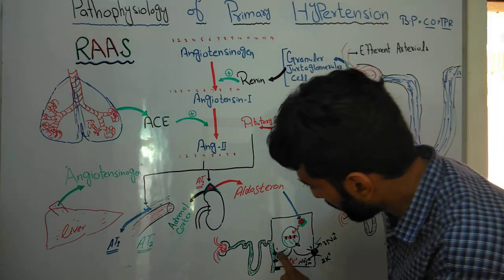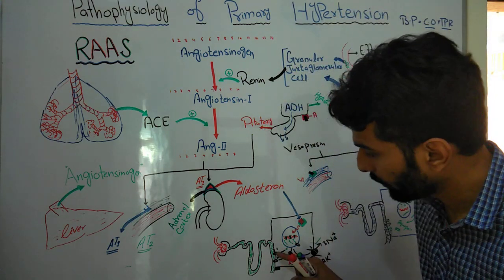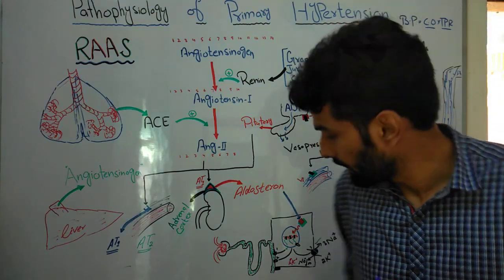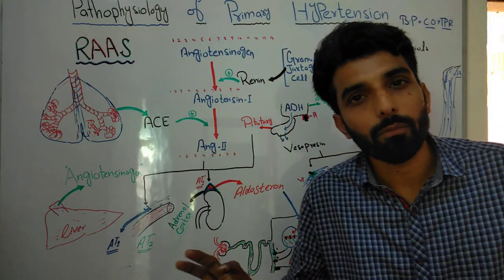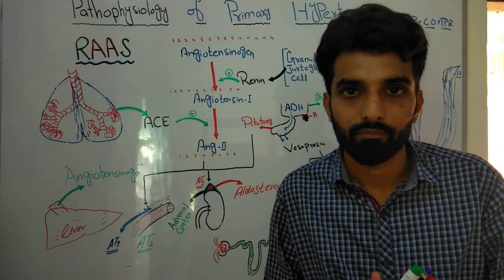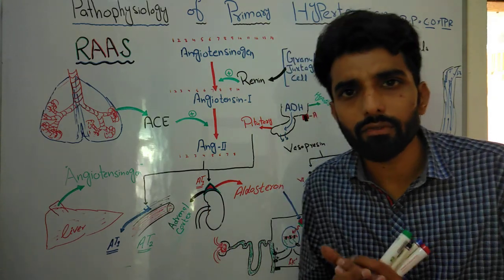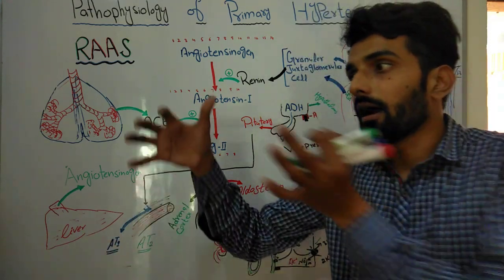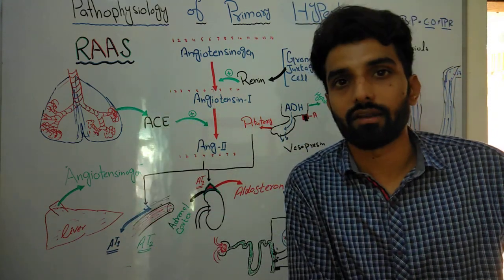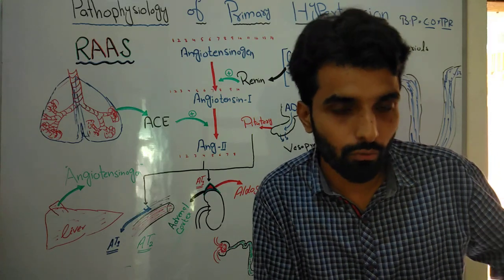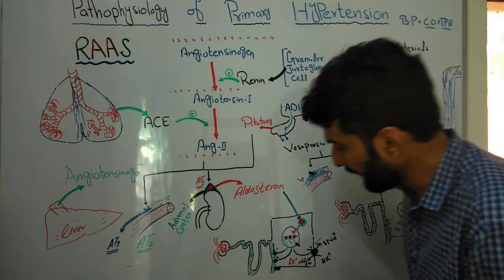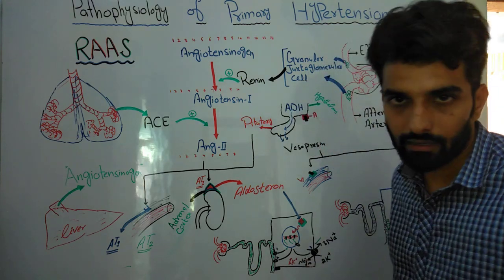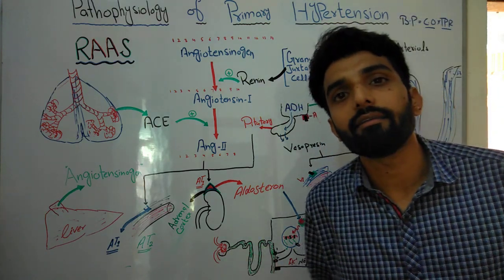Now look at these channels, sodium channel and potassium channel. Both of these channels are basically responsible for simple diffusion transport. Simple diffusion is movement of ions, movement of substances from higher concentration to low concentration, and with the help of these proteins, sodium ion and potassium ion will do simple diffusion.